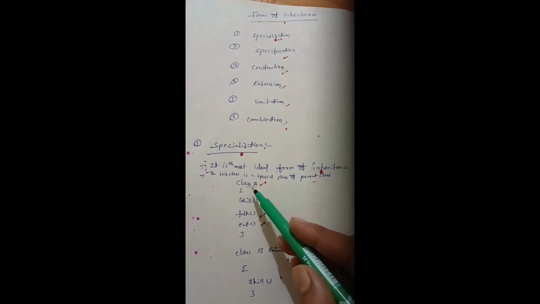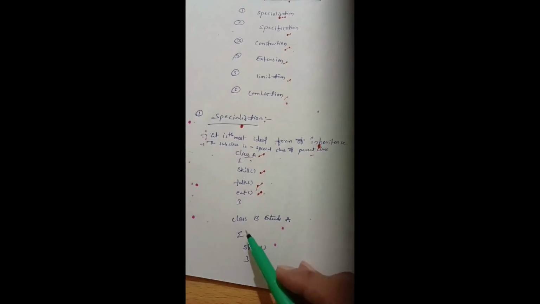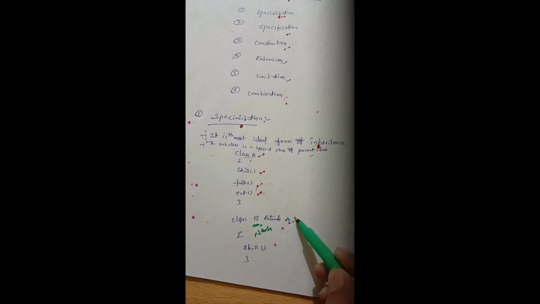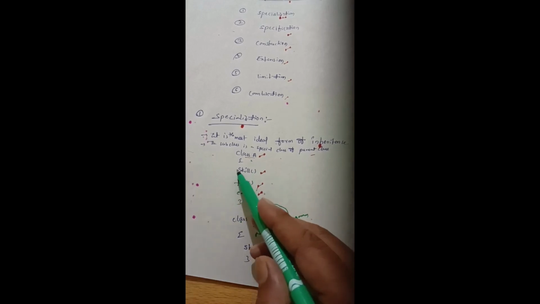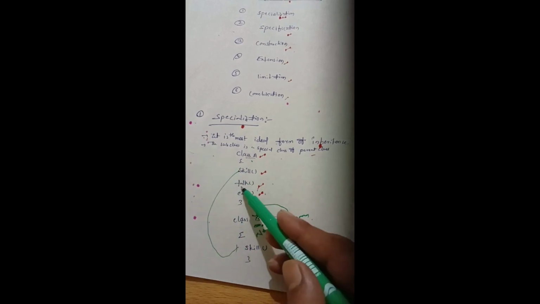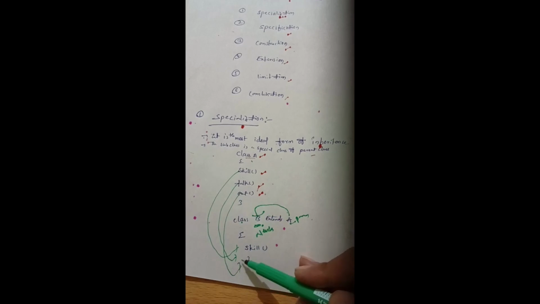Now I want to extend this class into class B. Class B is the new class, and A is the parent class. How many properties are acquired from A to B? All these methods: the skill method, talk method, and eat method are available.